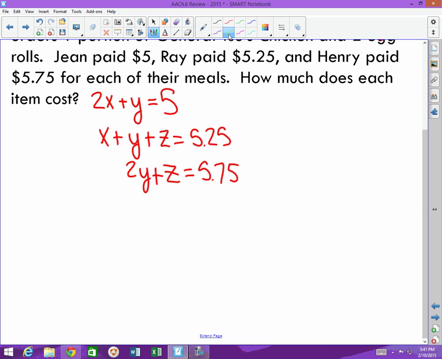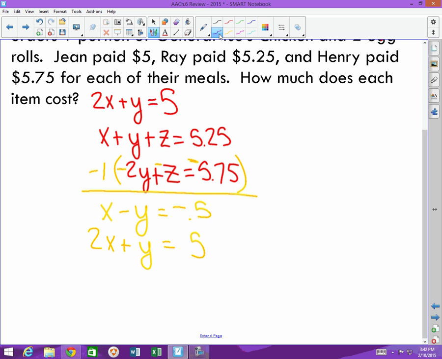And so if we take this one and multiply it by a -1, then we would get a -2y, a -z, and a -5.75. And then if we combine that with that equation there, you would have x minus y equals -0.5. And then you have 2x plus y equals 5.